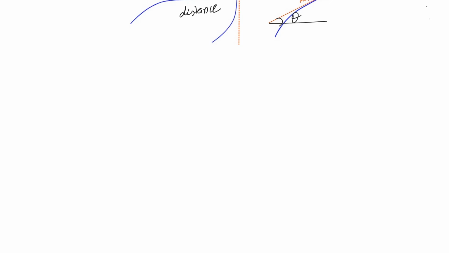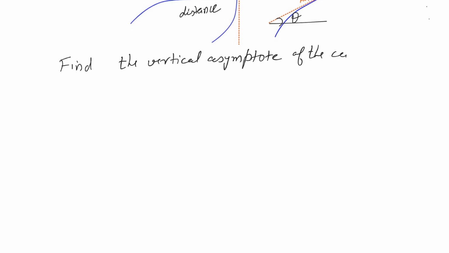The question is, find the vertical asymptote of the curve y is equal to 2x by x square minus 4.